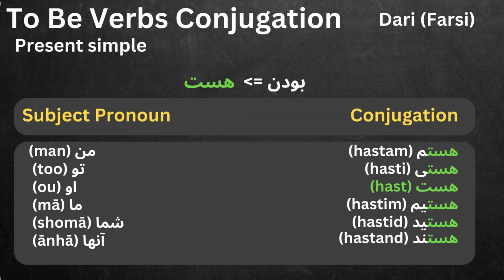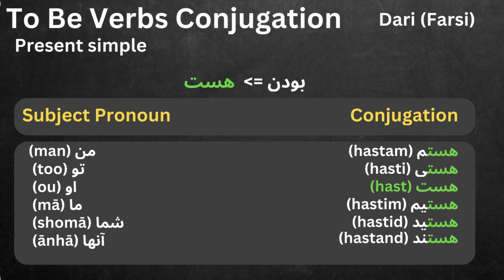On the left side you can see subject pronouns in Dari, which are من, تو, او, ما, شما, آنها, and in the right column you can see the conjugation form of the to be verb in Dari, and as you can see it is in two colors so that you can distinguish the stem of the verb and the ending of the verb.